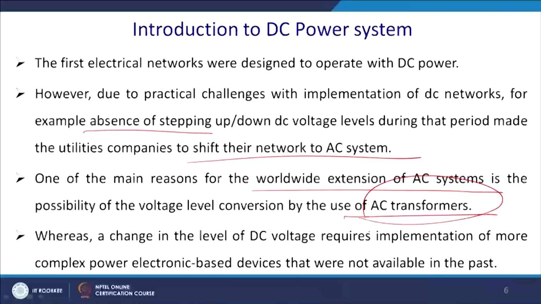For this reason, AC takes the case for the transformer, whereas a change in the level of DC voltage requires implementation of more complex power electronics devices that were not available in the past, and so Nikola Tesla won the battle because of the lack of DC to DC converters in those days.